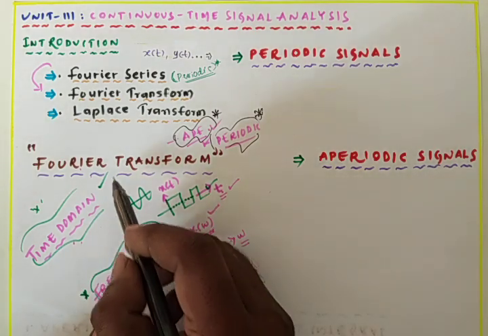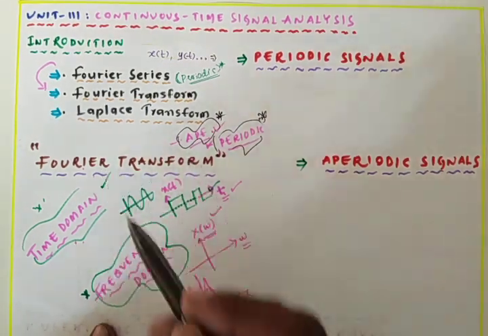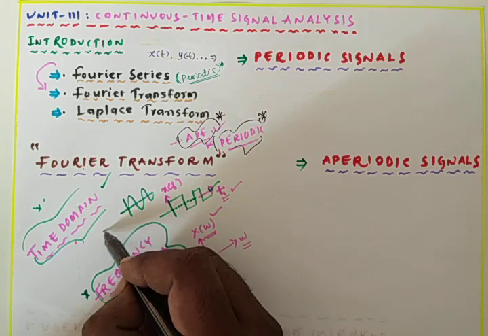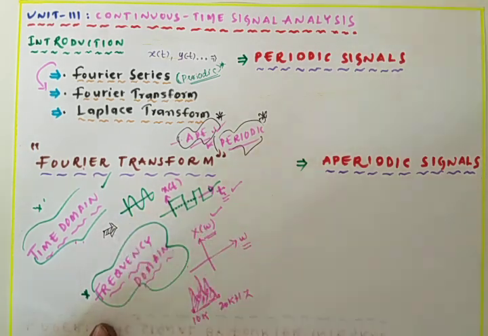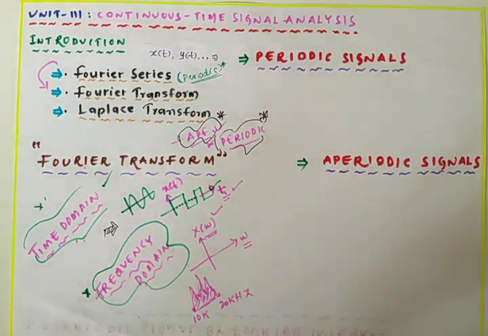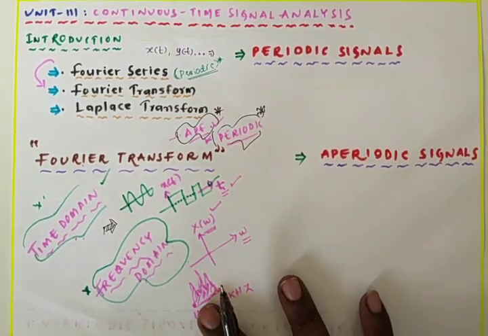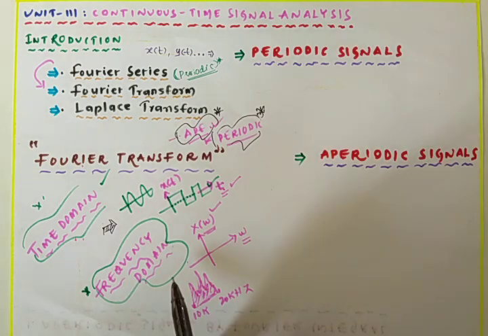And the Fourier transform is also a mathematical tool which converts the time domain signal into the frequency domain. A time domain signal is a way of analyzing a signal with respect to time, whereas the frequency domain is a way of analyzing the signal with respect to frequency.